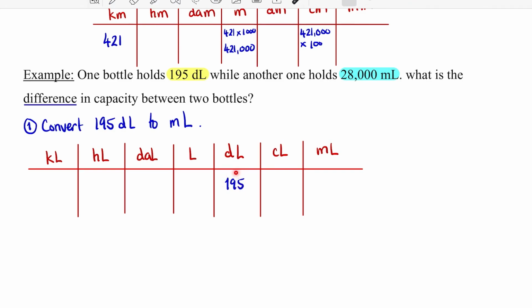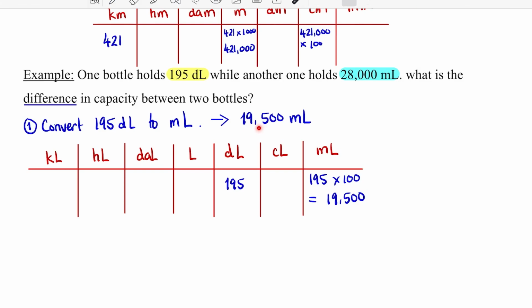And I want to convert that into milliliters. So deciliter is 100 times bigger than milliliter. So in order to convert 195 deciliters to milliliters, I'll take 195 times 100. So 195 deciliters is equivalent to 19,500 milliliters.